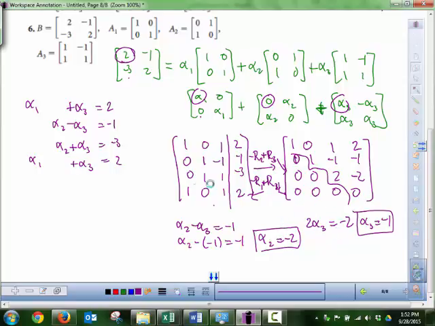And then finally, we got alpha 1 plus alpha 3 is equal to 2. That's alpha 1 plus negative 1 is equal to 2. So alpha 1 is 3. So we got 3, negative 2, negative 1. And if you put 3, negative 2, and negative 1 for these alphas, and then perform the calculations, you should see it come out.